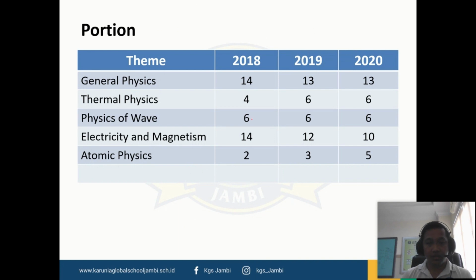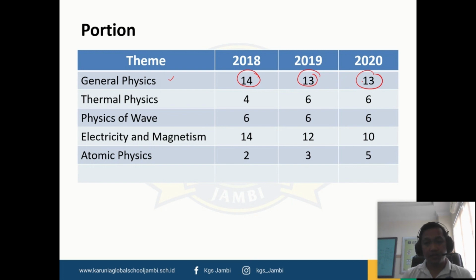Now I would like to show you the development of the portion of the questions. General physics is about measurement, force, and motion. In 2018 the number of questions is 14. In 2019 and 2020 it remains 13. So this is the portion.